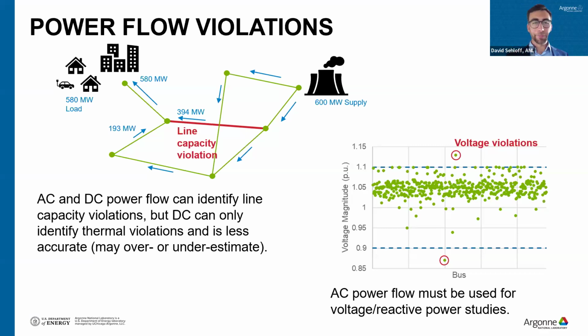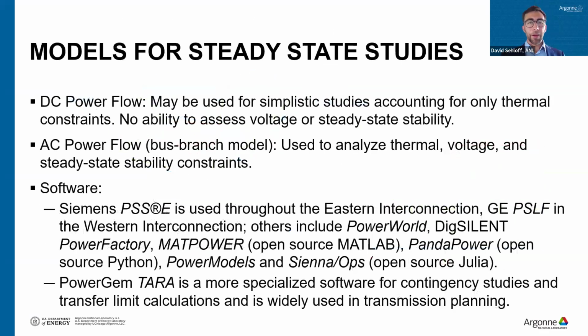Next slide, please. So I mentioned the differences between DC and AC power flow here. There are a few different software tools. PSSE is used in the Eastern interconnection. PSLF is very similar, used mostly in the Western interconnection. There are a few other examples, both commercial and open source.